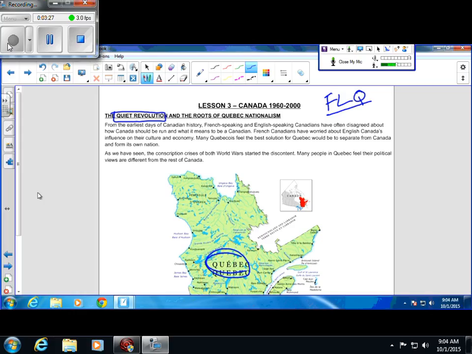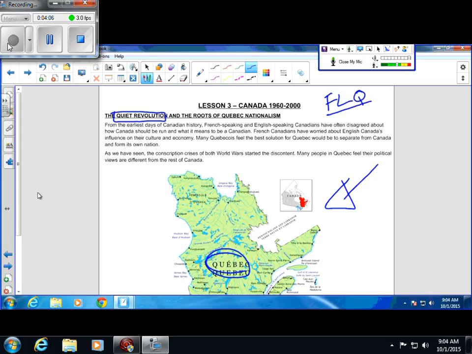The French-speaking society always had their own culture, their own identity. In this case, we're talking a lot about Quebec, Quebec as a whole, as a province. This is where all the main dominant French-speaking Canadians are located. Back in lesson 1, the French-speaking and English-speaking Canadians had disagreement about how Canada should run and what it means to be Canadian. French Canadians worried about English Canada's influence on their culture and economy.